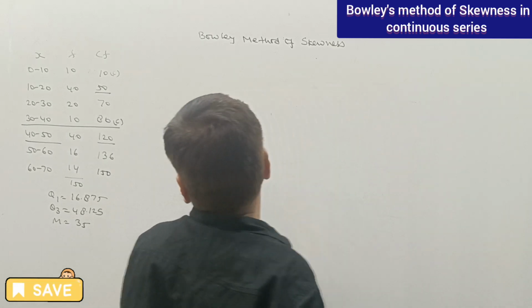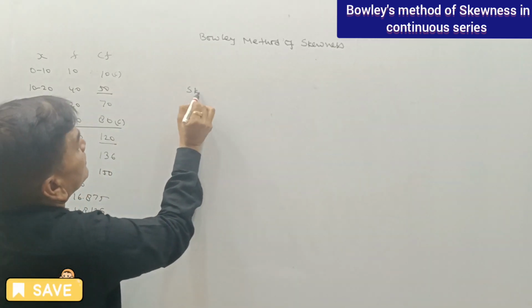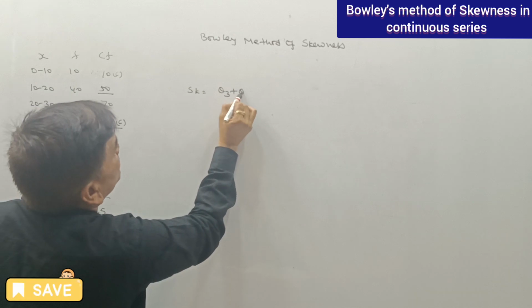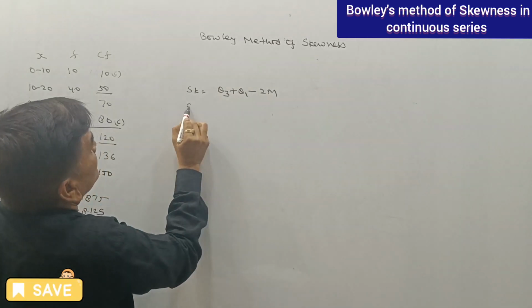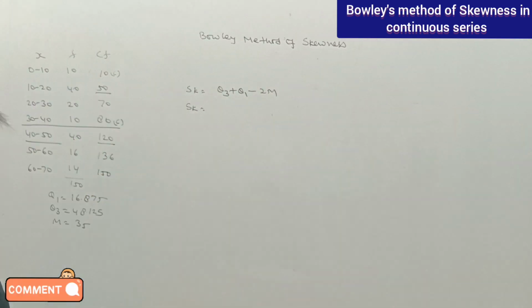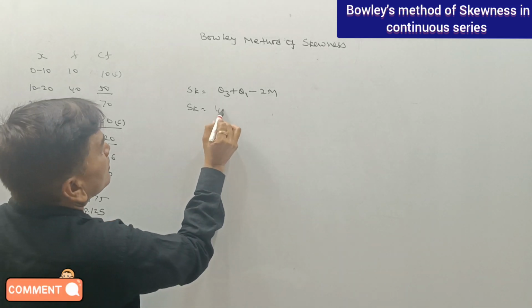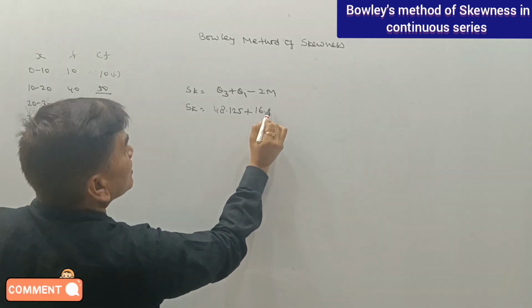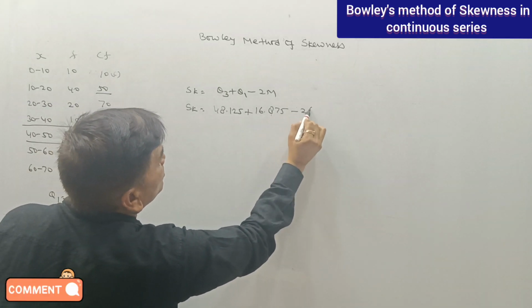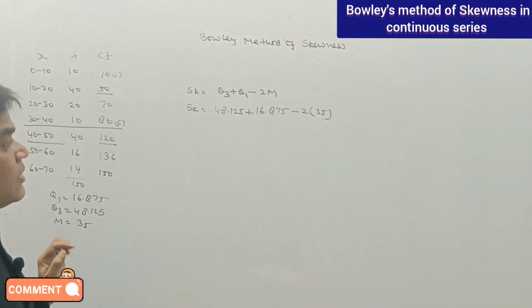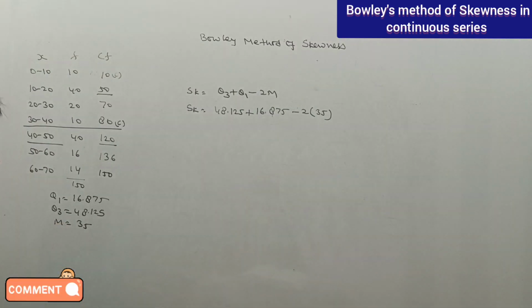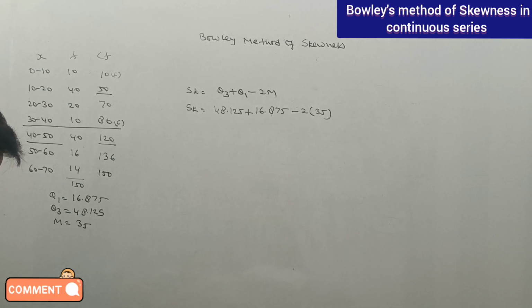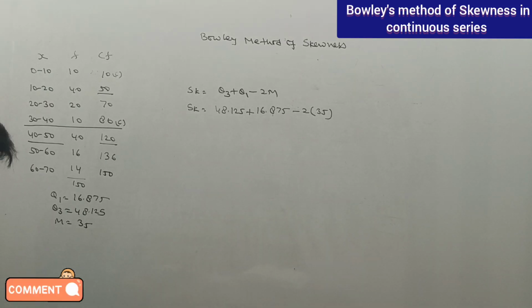Now the value of skewness is Q3 plus Q1 minus 2M. So the value of Q3 is 48.125, the value of Q1 is 16.875, minus 2 multiplied by 35. So 48.125 plus 16.875 plus, then 35 multiplied by 2 minus.